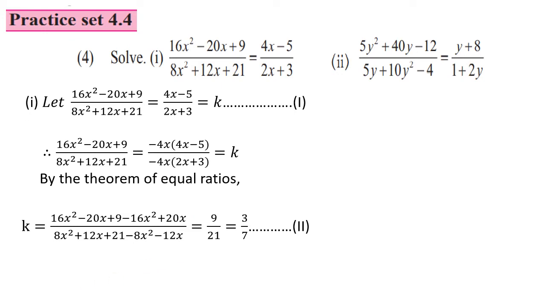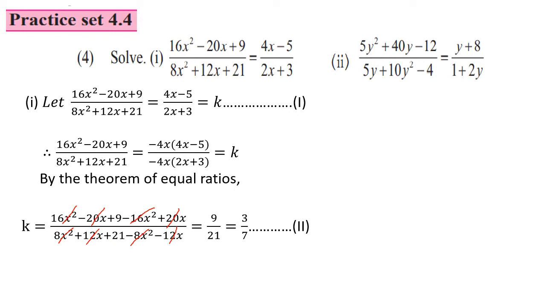Now what you can observe here is that opposite terms are present, plus 16x square and minus 16x square, so we can cancel. Then minus 20x and plus 20x. Similarly, in the denominator 8x square and minus 8x square, plus 12x and minus 12x. So they got cancelled.